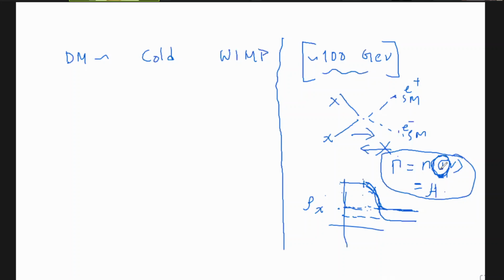Then do we end up with less dark matter density today or more? It's a common sense question from here. So if sigma is high, then will freeze out happen earlier or later? Later.